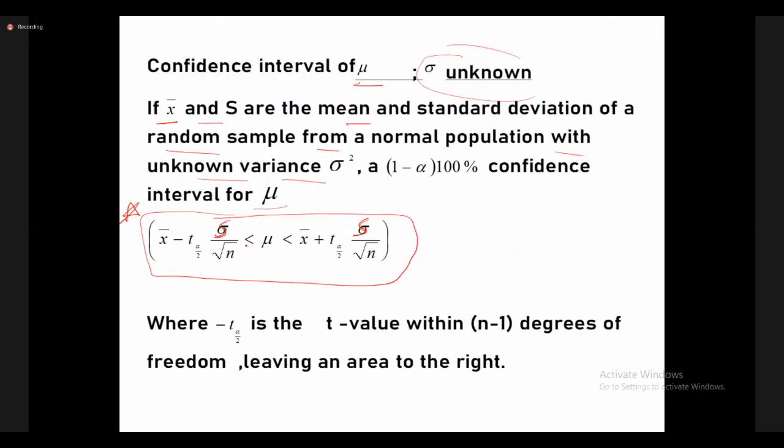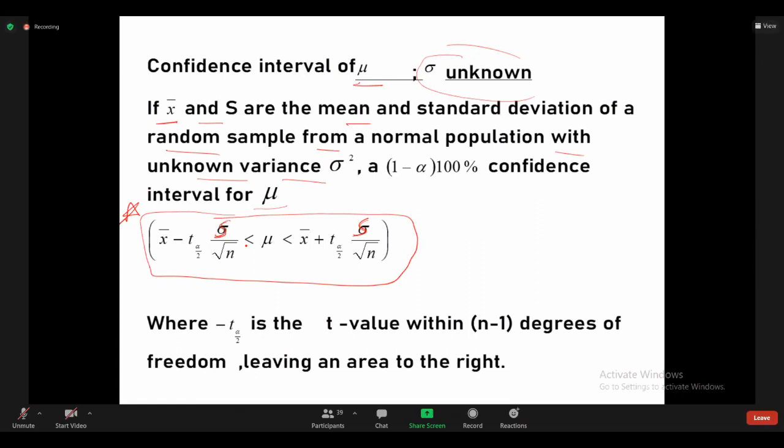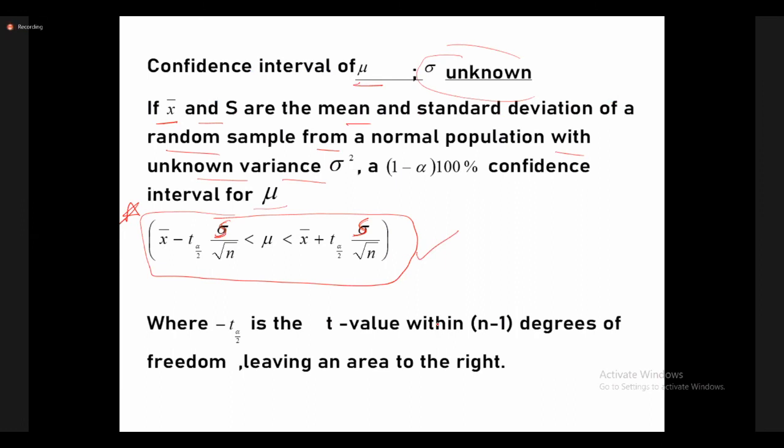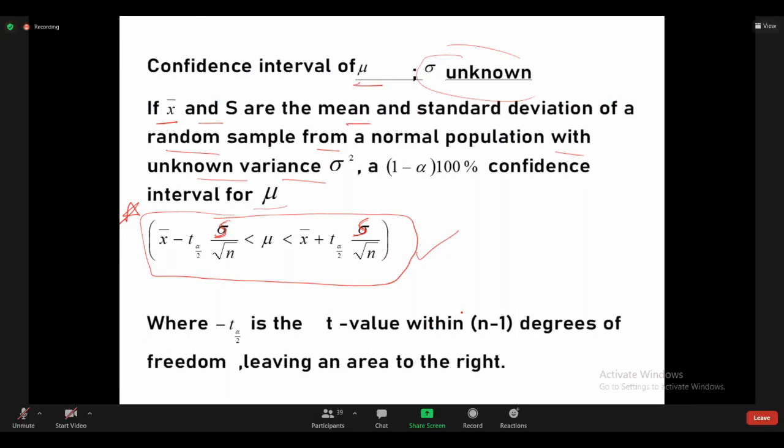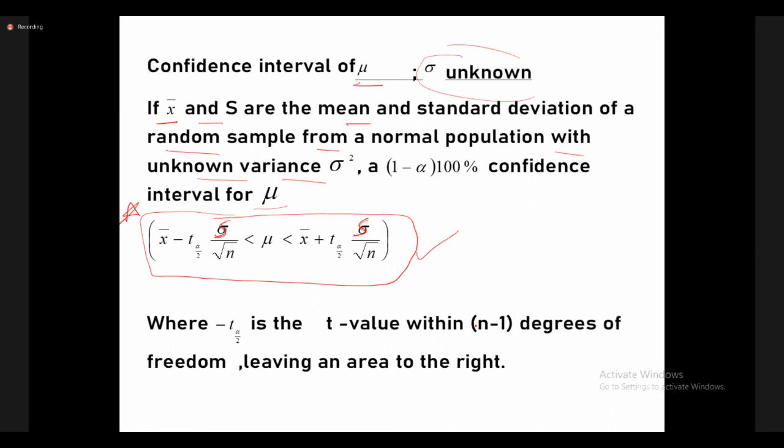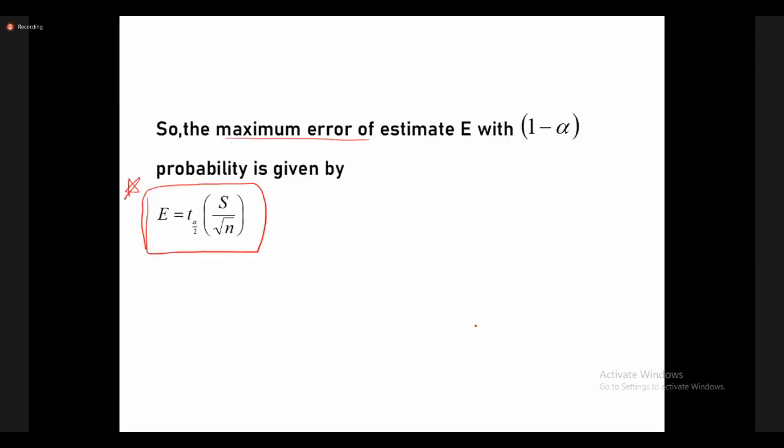For small samples, this is the confidence interval formula: x bar minus t alpha by 2 into s by root n less than mu less than x bar plus t alpha by 2 into s by root n.